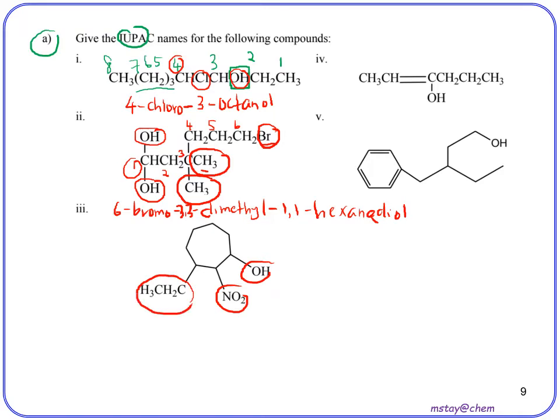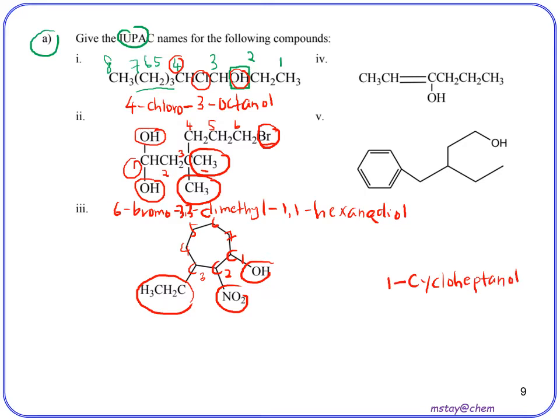Among these three, hydroxyl has the highest priority. So this one will be carbon 1, and then definitely we need to go clockwise so that the substituents get the lowest numbers: 3, 4, 5, 6, and 7. So this one is cycloheptanol.